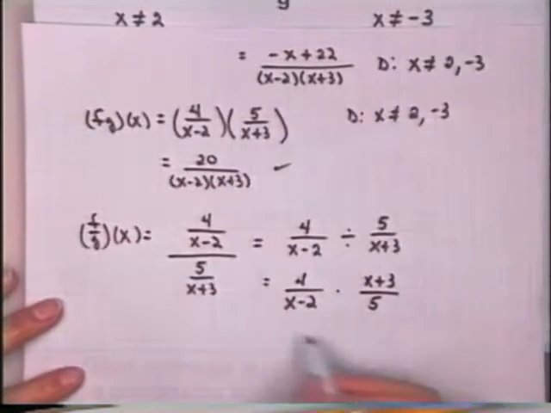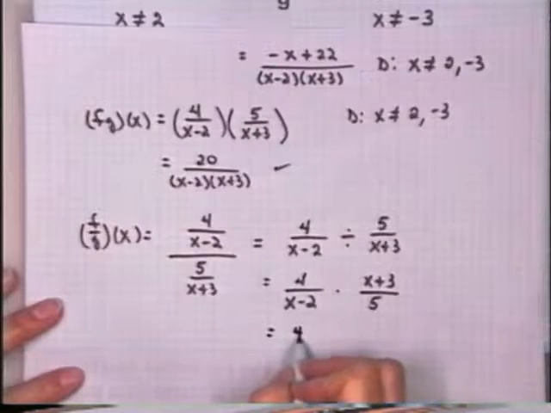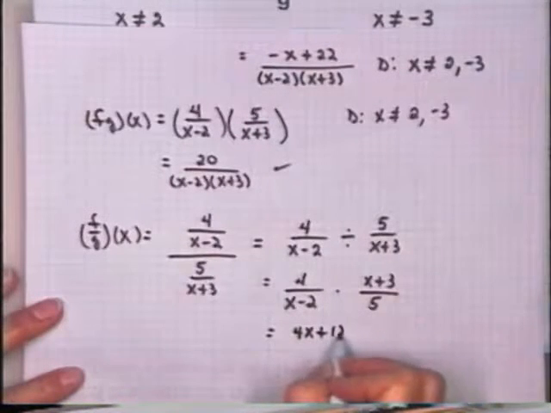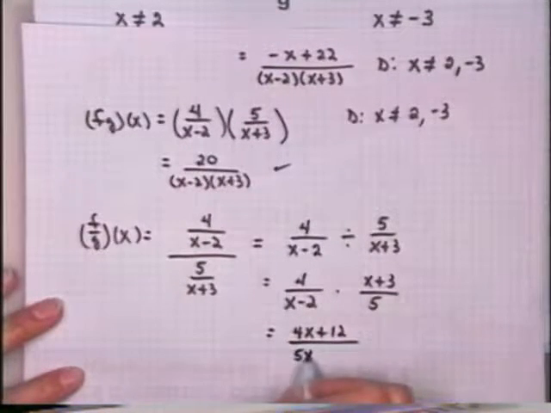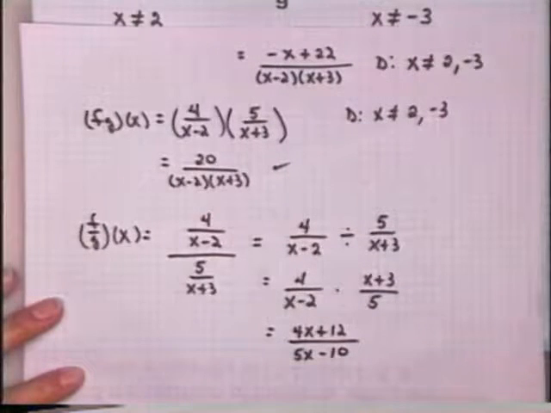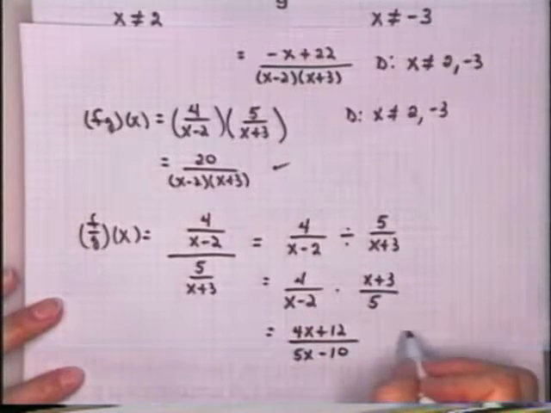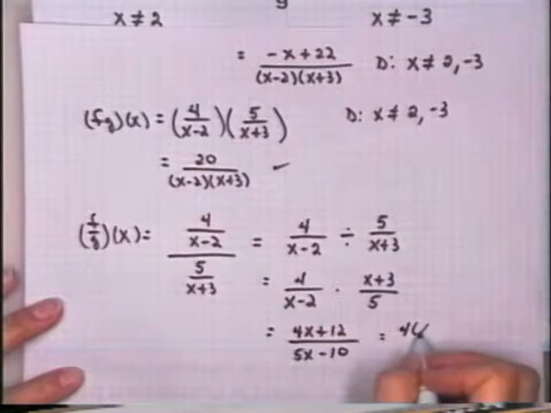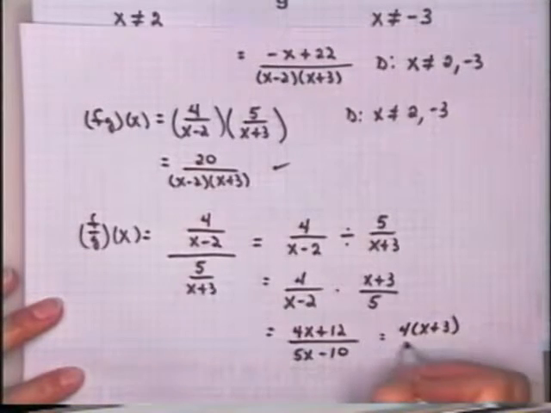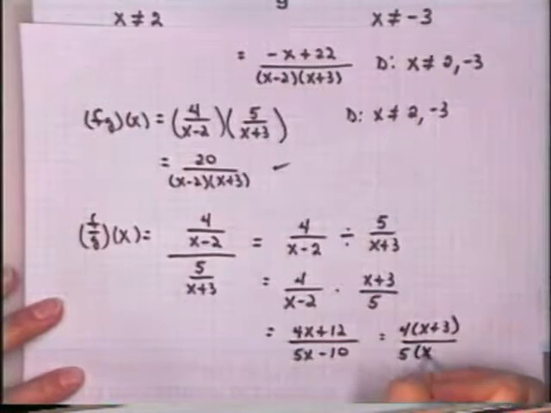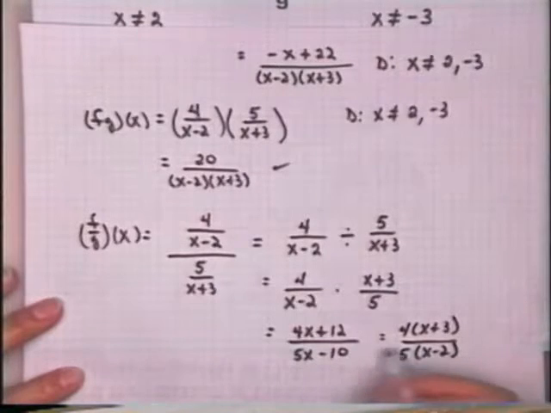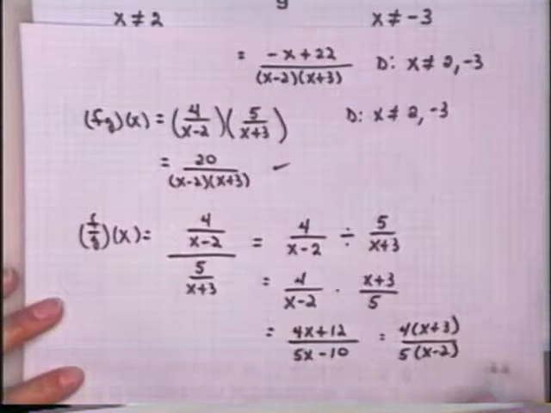And then if you want to do this multiplication, that's 4x plus 12 over 5x minus 10. You could, of course, if you want to, leave this as 4 times the quantity x plus 3 and 5 times the quantity x minus 2. Either of these would be a good form to leave this.